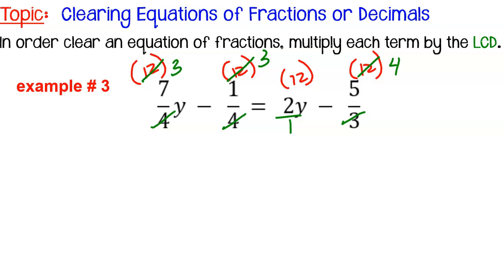3 times 7 is 21, and this term has a y. 3 times 1 is 3. 12 times 2 is 24. This one also has a y. And 4 times 5 is 20.